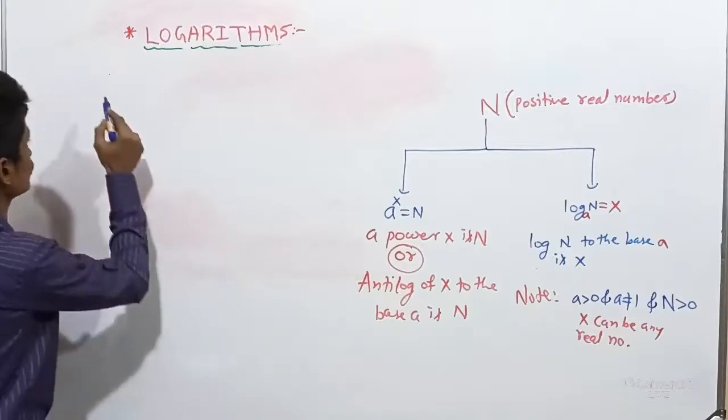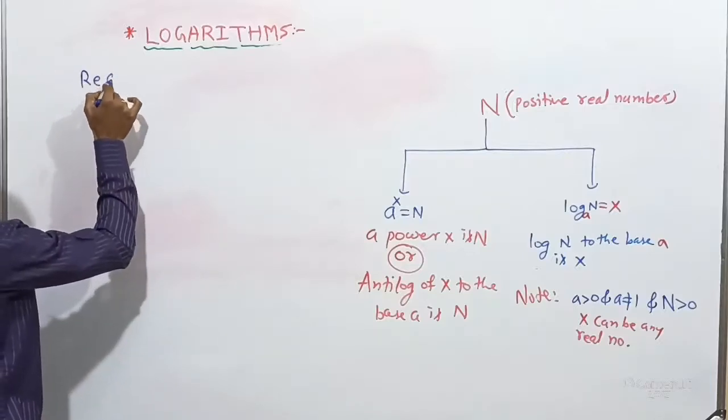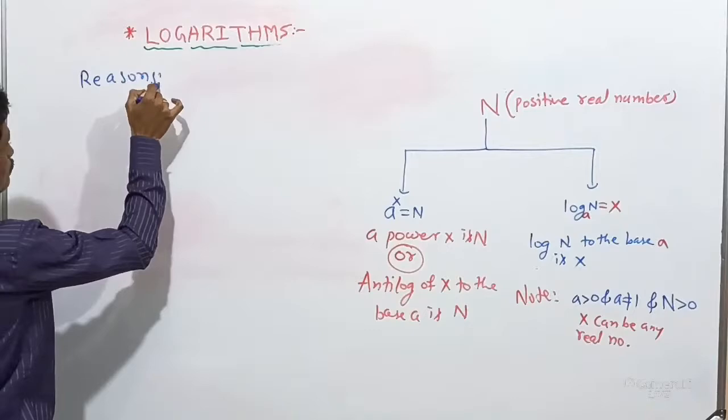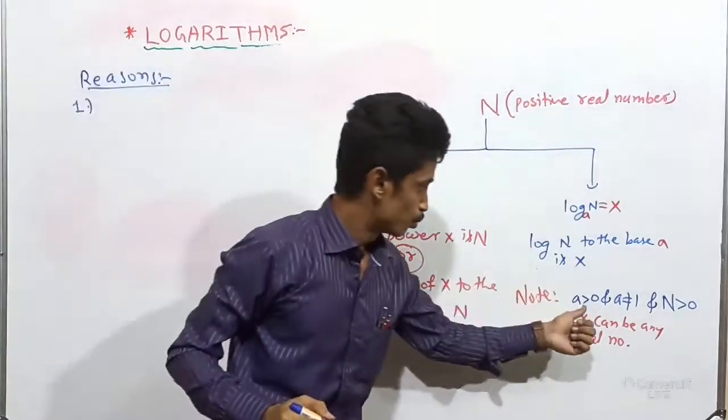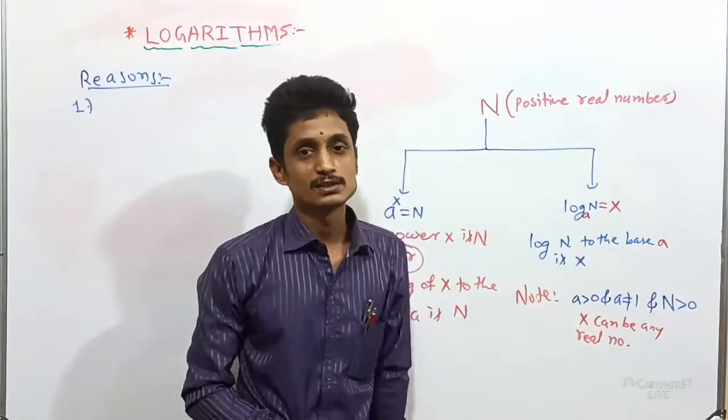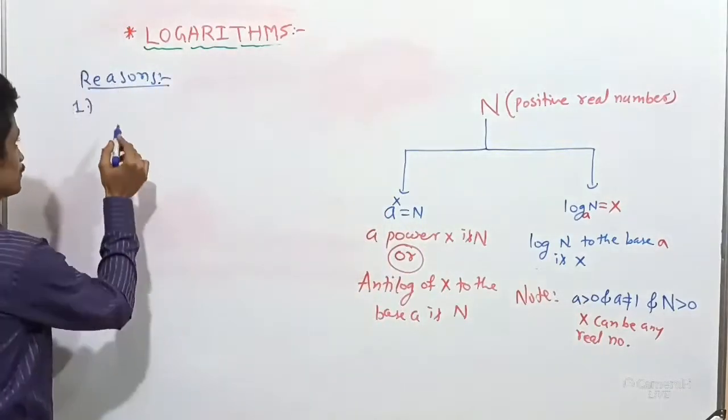Let us see the reasons. The reason number 1 is why a will be greater than 0.